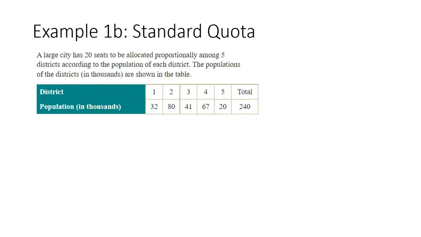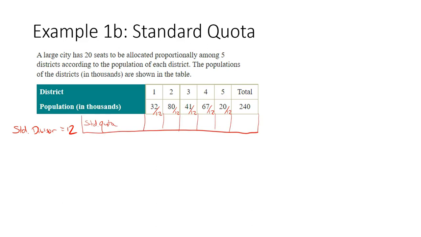Remember that our standard divisor was 12, and so we're going to divide each group by 12. 32 divided by 12, 2.67. 80 divided by 12, 6.67. 41 divided by 12, 3.42. 67 divided by 12, 5.58. 20 divided by 12, 1.67. So the standard quota gives us the proportional representation, but only if we can still use decimals.